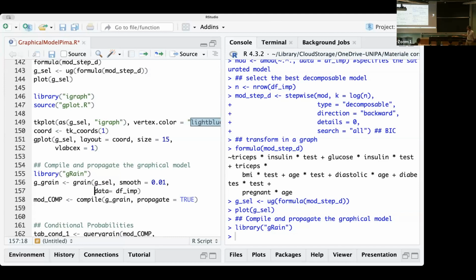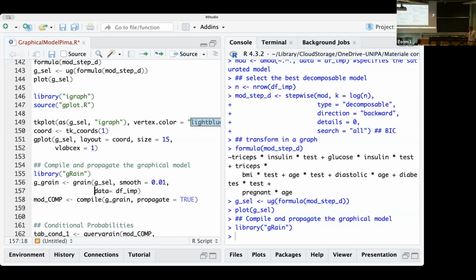So there is here again the function grain that we saw before. You remember when we compiled and propagated the graph. This time I want to show this one, the smooth function. When you have 0 probabilities for some combination, then it's going to be a problem because you multiply 0 by everything, it's going to be 0 always, right?